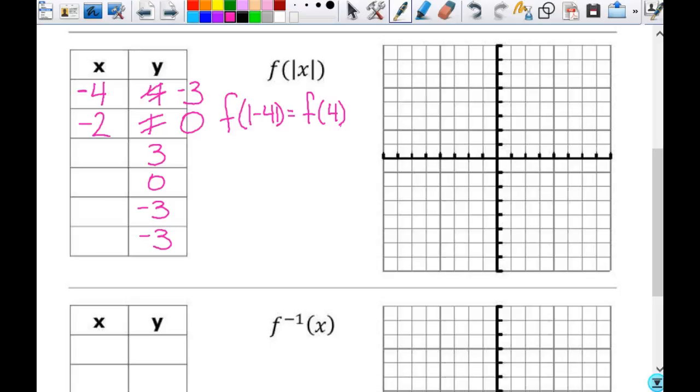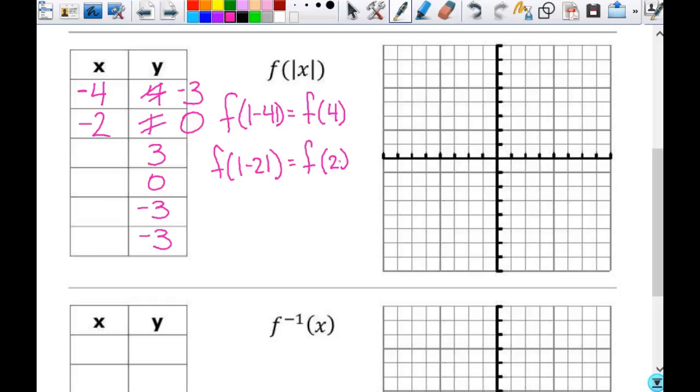Then we plug in the -2, f of the absolute value of -2 is f of +2. So that's why the -2 isn't 1 anymore. The -2 is 0. Okay? And when we plug in the -4, we actually evaluate +4, so that's not 4, it's -3. These are the ones that are changing. Okay? So x is staying, we're plugging in x, it actually changes the y value.